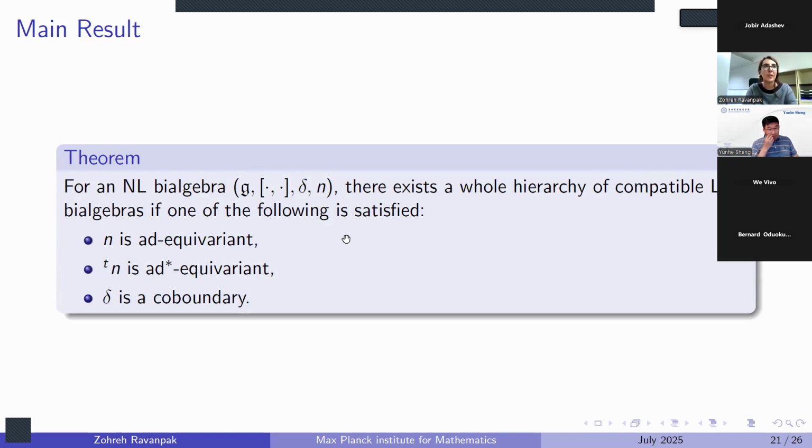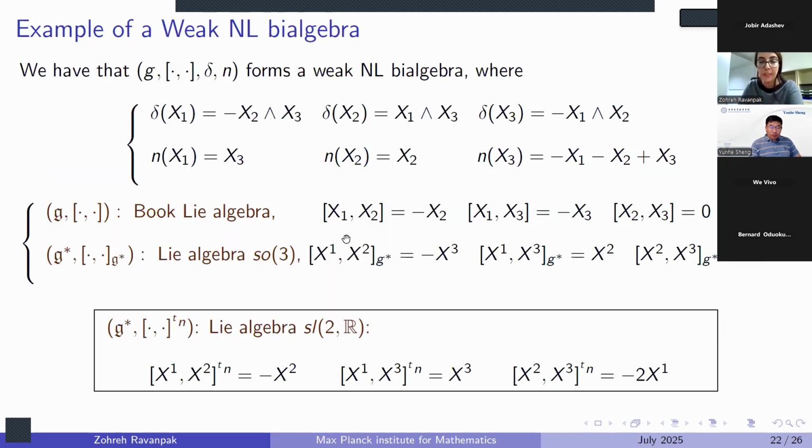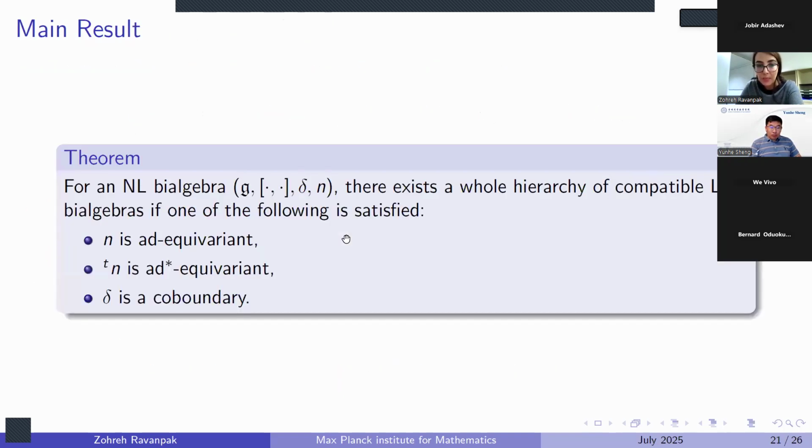In Poisson structures, when N is a Nijenhuis structure, we automatically have N transpose Nijenhuis out of those two compatibility conditions. But in Lie bialgebras, it is more complicated and needs more consideration. If there is any question up to now, I'll be happy to answer. Otherwise, I go to the example.